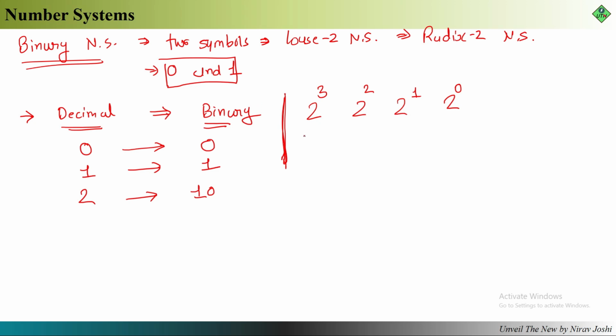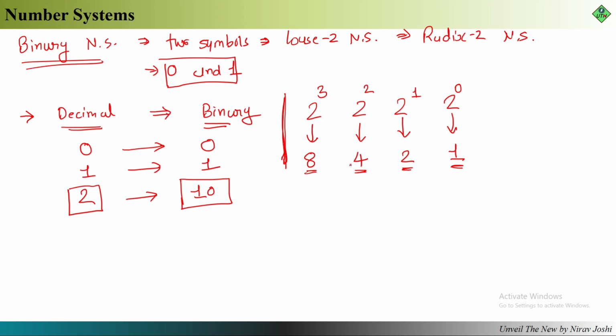We know that 2^3 is equal to 8. We know that 2^2 is equal to 4. We know that 2^1 is equal to 2. We know that 2^0 is equal to 1. So decimal 2 in binary is known as 10. But how does that come? Here we have 8, 4, 2 and 1.